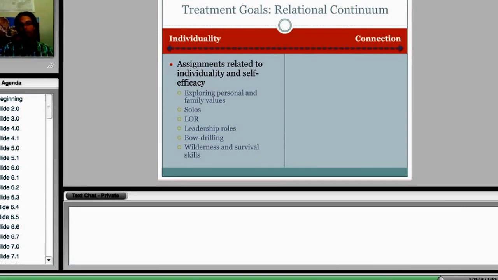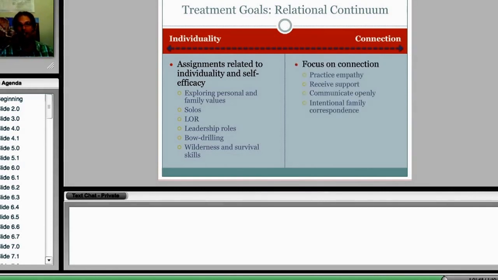We'll write a letter of responsibility. The letter to the parent can be a time of reflection and ownership of what has been going on for them. Also, you'll notice on here what we call the hard skills, the wilderness skills of road drilling, leadership, shelter setup. A lot of ways to encourage that individuality within the context of the greater group.